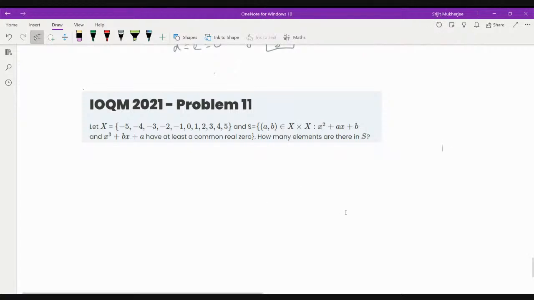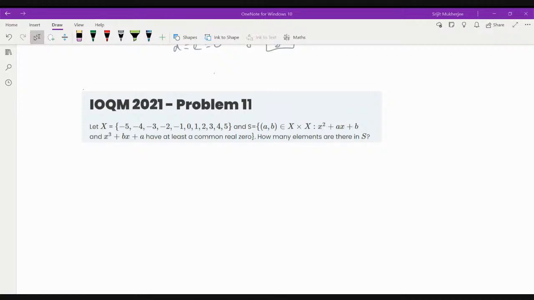X is the integer set from -5 to 5, and S is the set of (a, b) pairs in X cross X such that both x square plus ax plus b and x cube plus bx plus a have at least a common real root. So how do you approach this type of problem, guys?